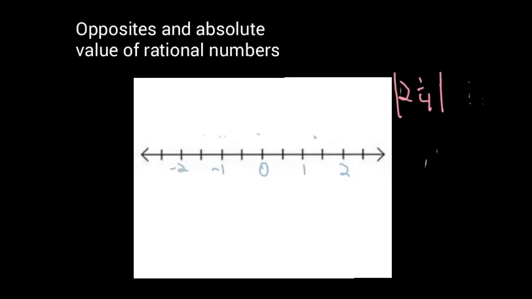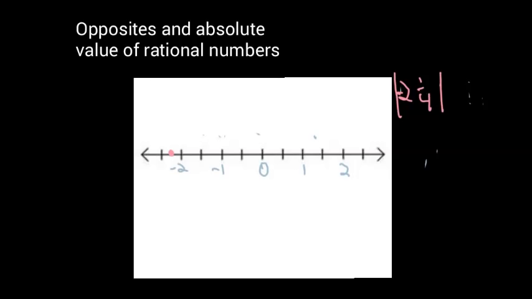But I can still graph it on my number line. So I'm going to go to negative 2 1/4. So I'm going to go to negative 2, and then the next line would be half. So I want halfway in between the half and the negative 2. So I'm going to put a dot right there. So that's where the negative 2 1/4 is.